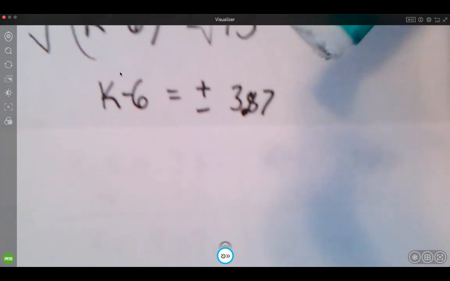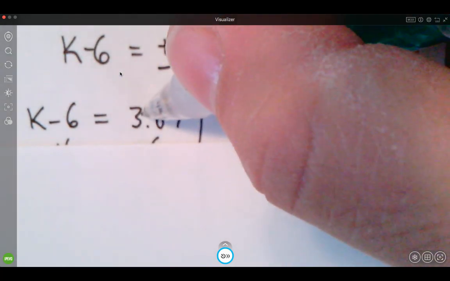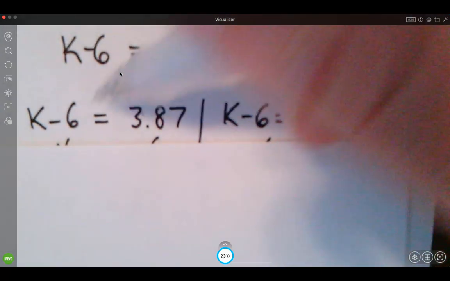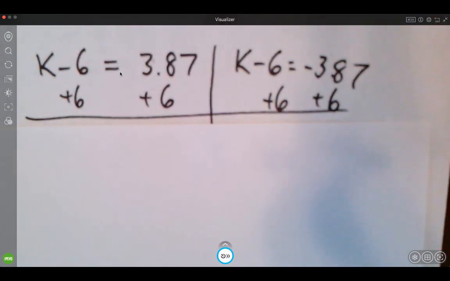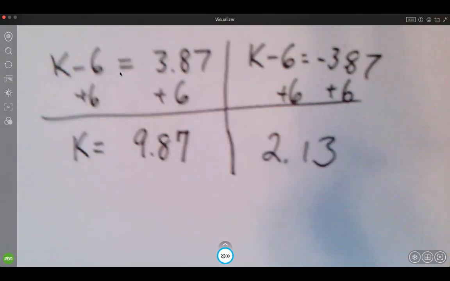Really you can just break it up into the two equations. It's either positive 3.87 or negative 3.87. Now when you add 6 to both sides of those equations, you're left with the two solutions. 9.87 could be k or 2.13. Number 40, so that was probably the hardest.